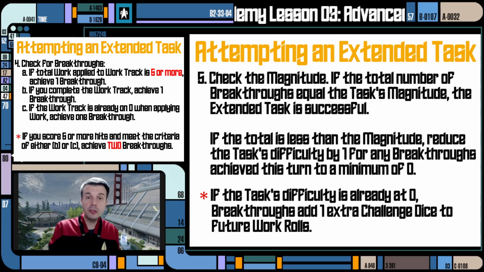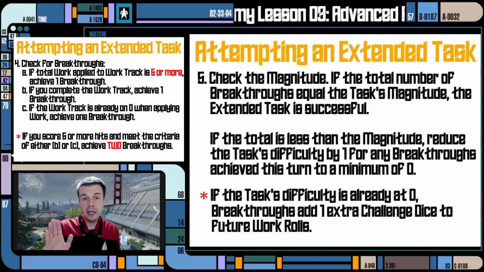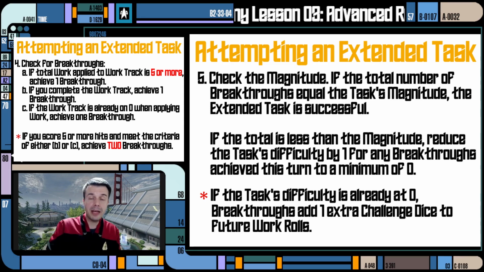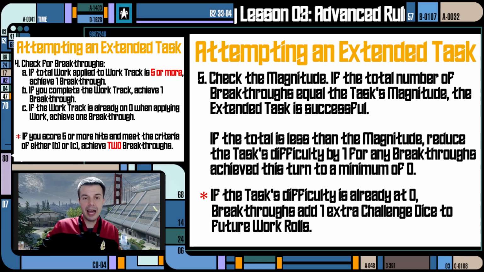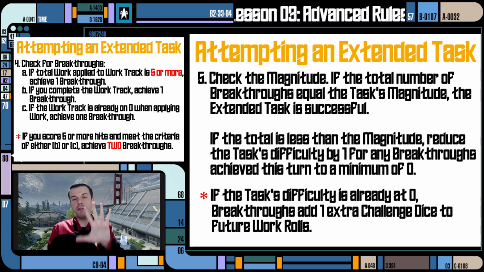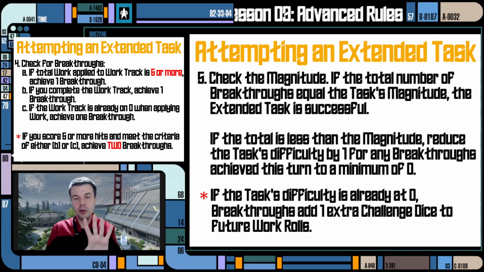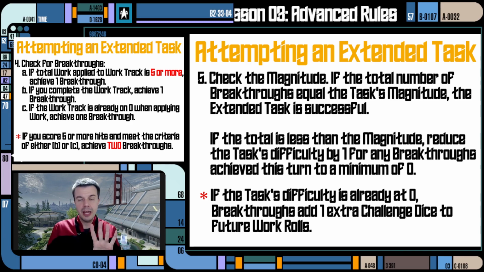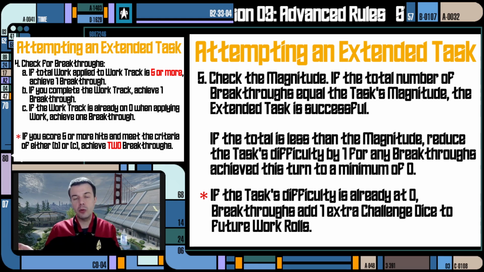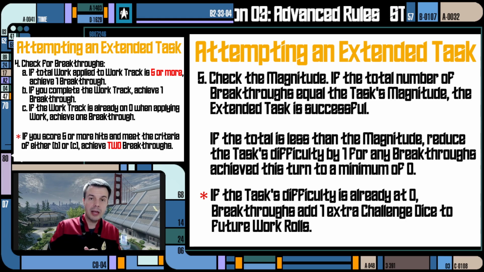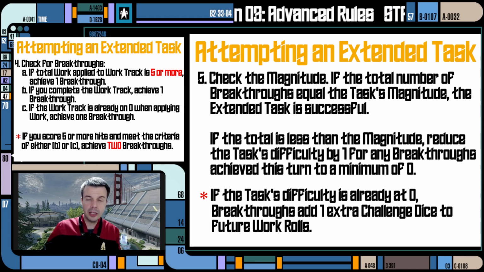Whatever the total is, subtract any resistance to the extended task from that total. Anything that's left over, take that out of the work track. If you have a total of 5 or more still after resistance, that's a breakthrough. If the work track hits 0 as you're applying your hits, that's a breakthrough.